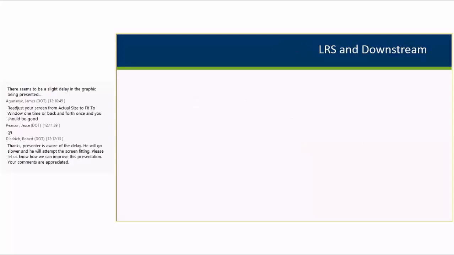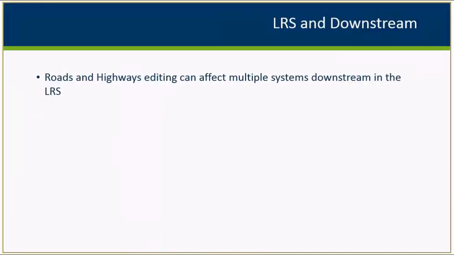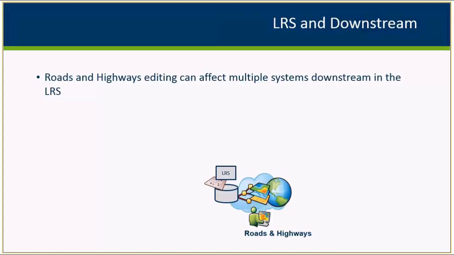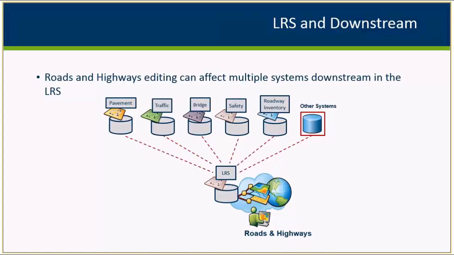Okay, when edits are made in Roads and Highways, multiple systems downstream can be affected. For example, if a user makes an edit in Roads and Highways, it will update the LRS network, which can affect linear events for systems such as pavement, traffic, or bridge.